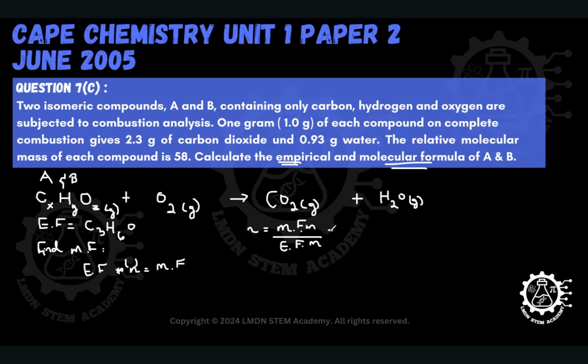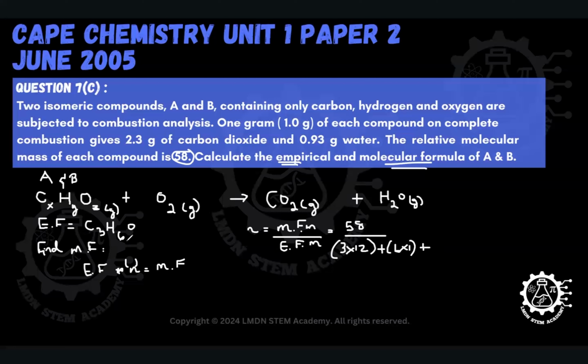We know that the molecular formula mass is 58 because they gave us that, so we can just drop that here for now. And we can calculate our empirical formula mass by simply adding up the molar masses of the elements that make up this compound. So we would do 3 times 12 for the carbon portion of that molecule. And then 6 times 1 for the hydrogens to account for all the hydrogens.